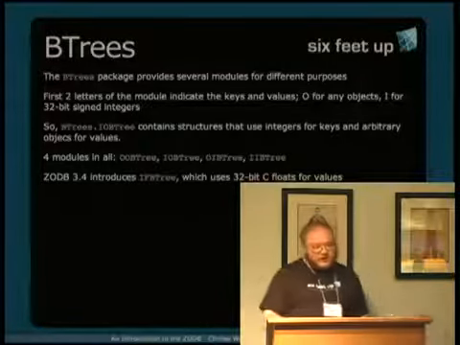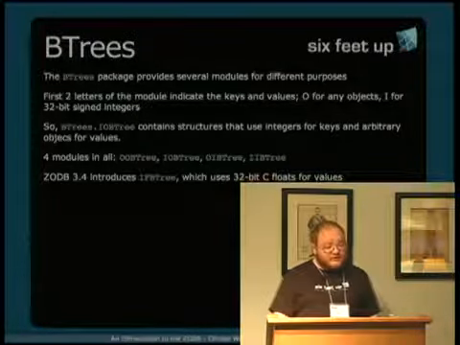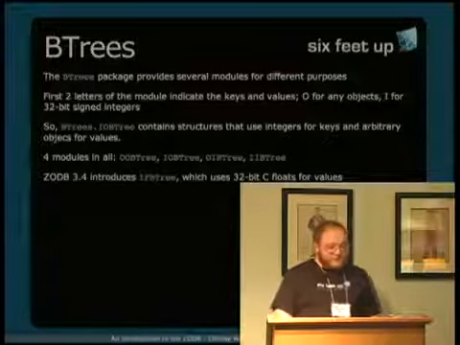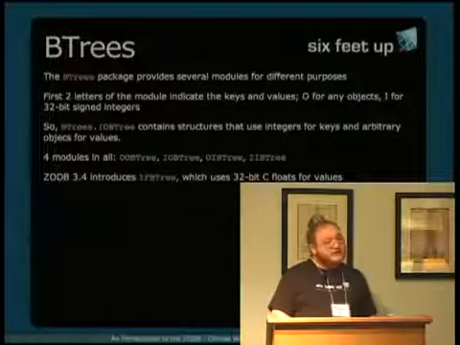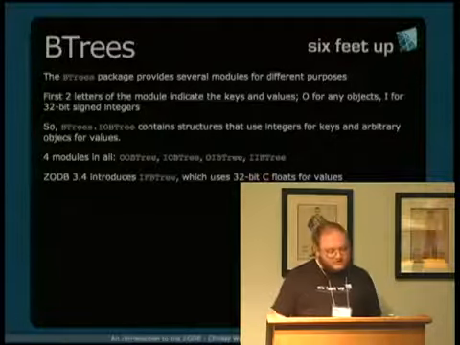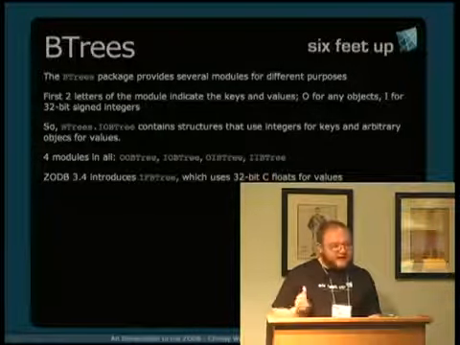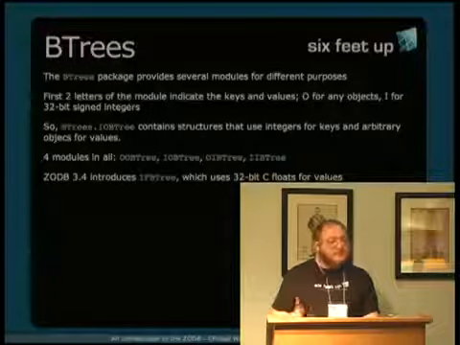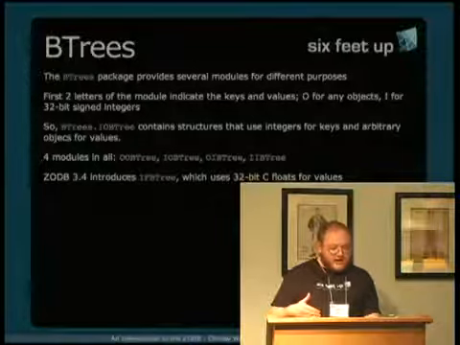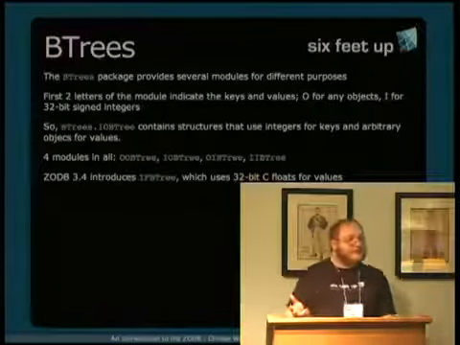And if it has a capital I, then it's a 32-bit signed integer. So if you access the BTrees.IOBTree interface package, that means that the keys on all of the BTree objects coming out of there will have to be 32-bit signed integers, and then the values can be any arbitrary object.